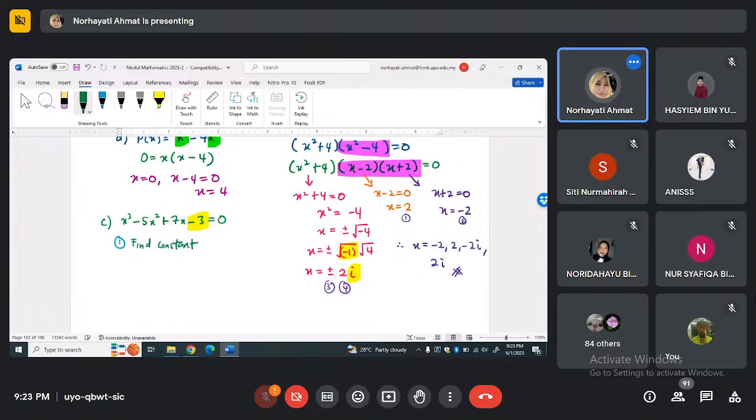And then get factor or all factors of the constant. Okay. So dalam contoh ni, our constant is negative 3. So what is the factor of negative 3? Okay, apa faktor bagi 3?